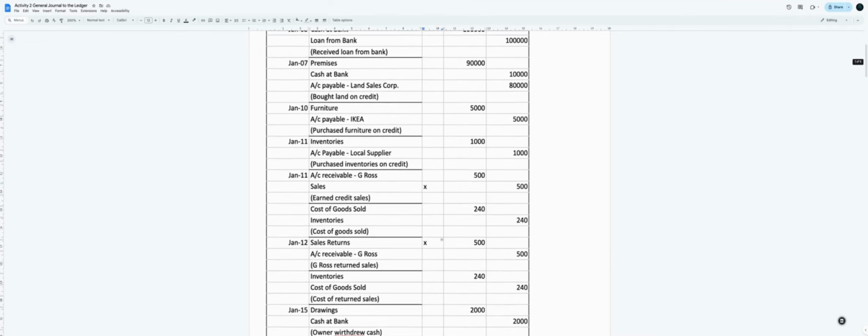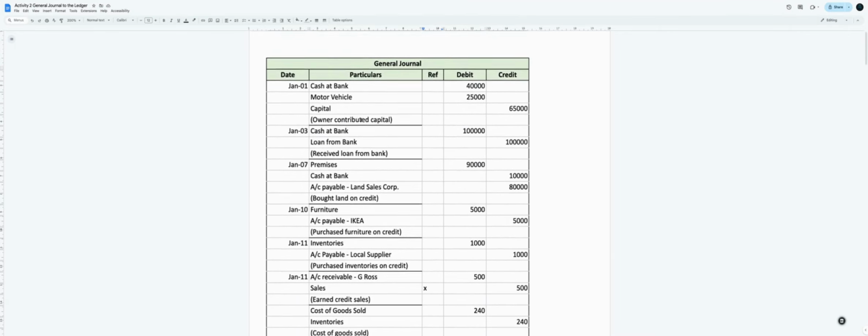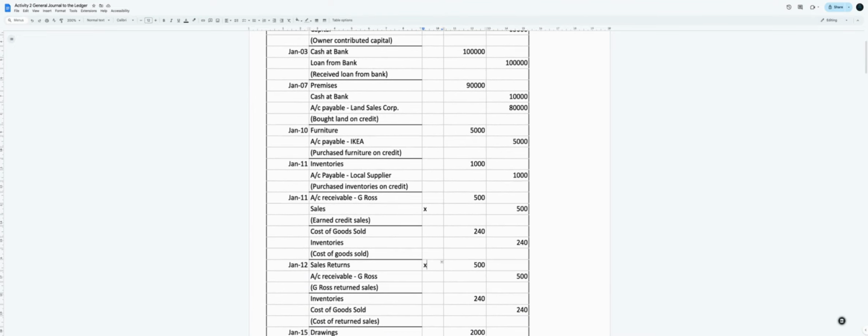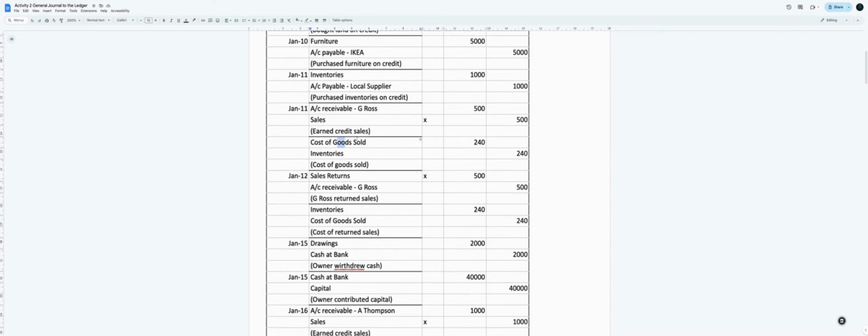Again, always return to the start of your general journal and scrolling down or moving your finger down, looking for the word cost of goods sold. And the first time that we see it is on January 11 for 240 debit.